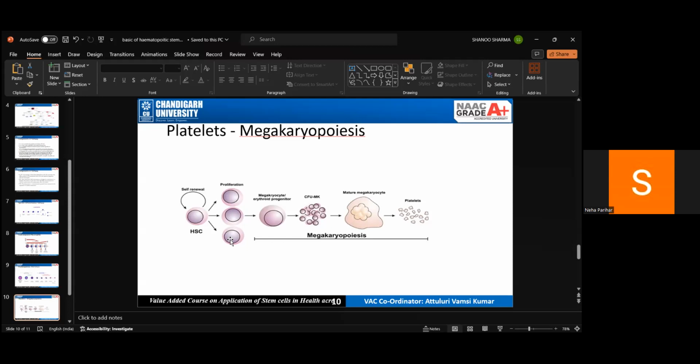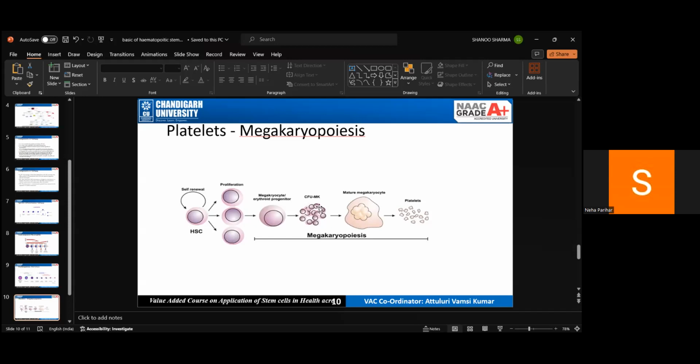Then in the myeloid series, they undergo megakaryocyte erythroid progenitor, and with the help of CFU, colony forming unit. The colony forming units are the cells which undergo further proliferations, and then platelets will be formed.